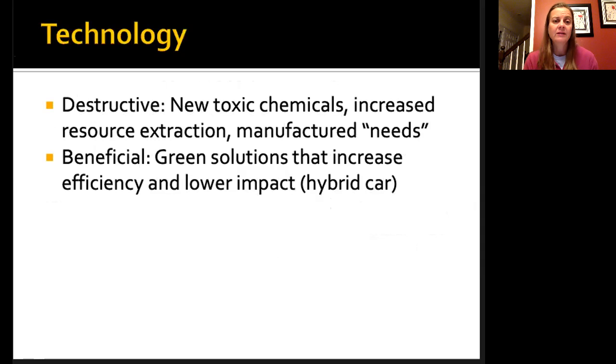Creating batteries releases a lot of toxic chemicals. There's more resource extraction. So it can have a negative impact, but technology can also have a very positive impact in terms of coming up with green solutions that increase efficiency and lower the impact of each of those individual technology pieces.